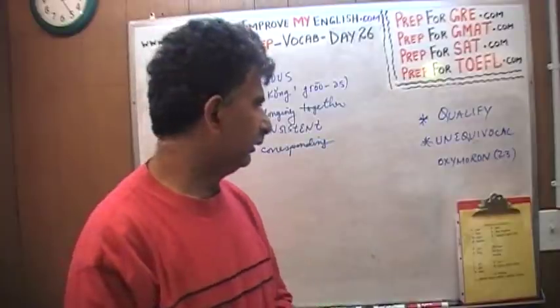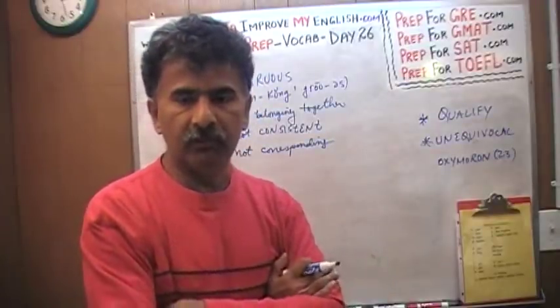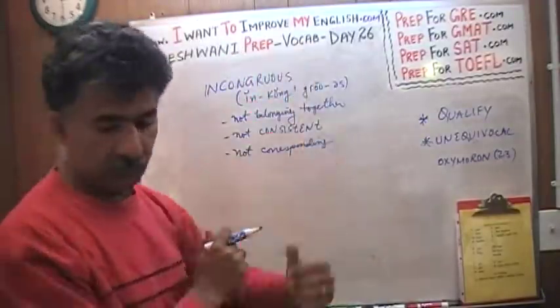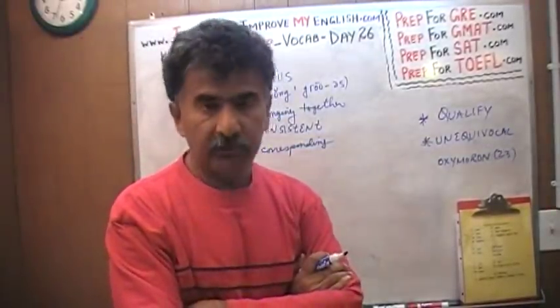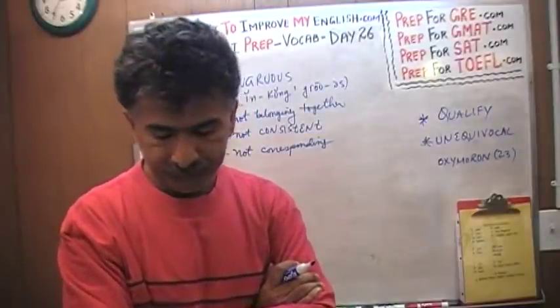in all the detail. Of course, you know what oxymoron means, hopefully by now, because we are at day number 26, and if you're watching day 26, hopefully you've watched the other 25 videos, and that is the idea.